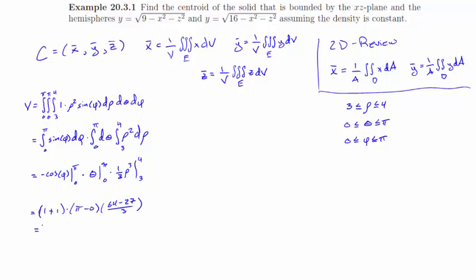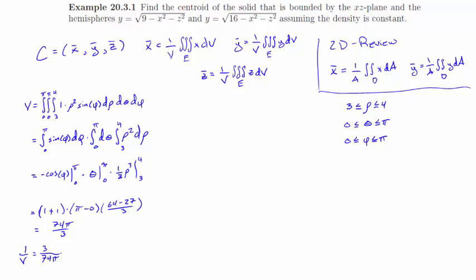So this equals 2 pi times, let's see, 64 minus 27, that's 37 over 3. 37 times 2 is 74. So the volume is 74 pi over 3, and 1 over the volume equals 3 over 74 pi. All right.